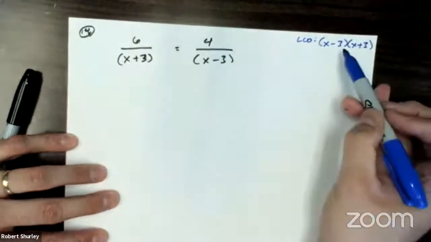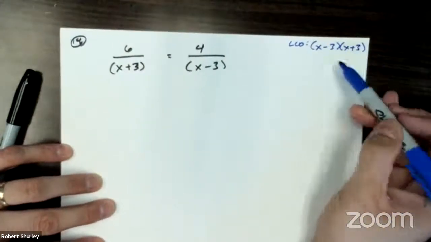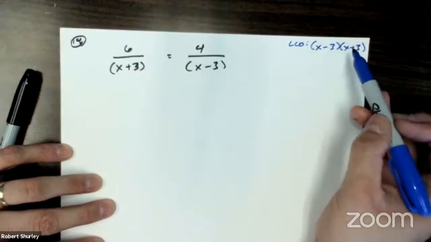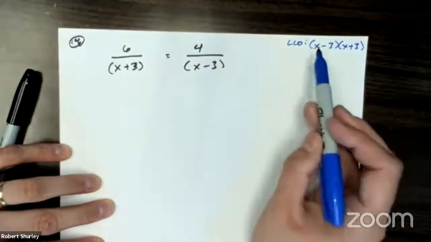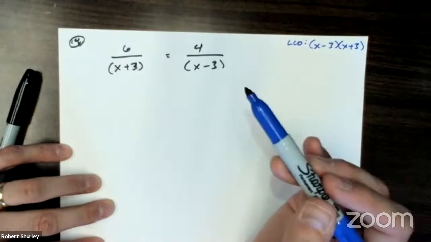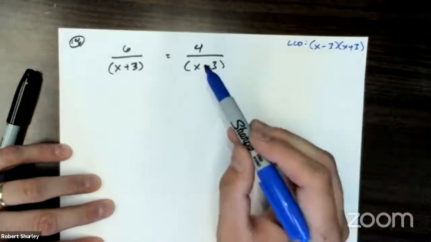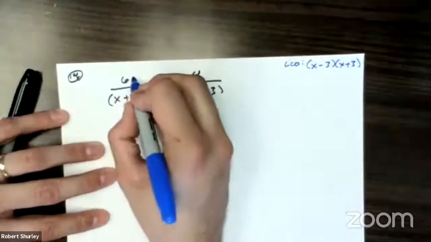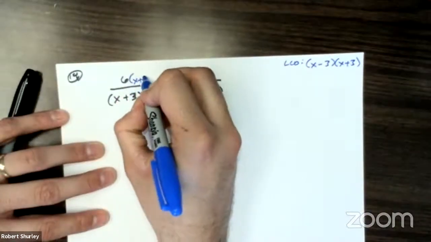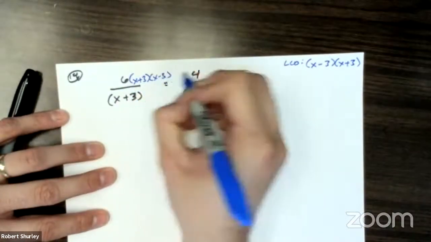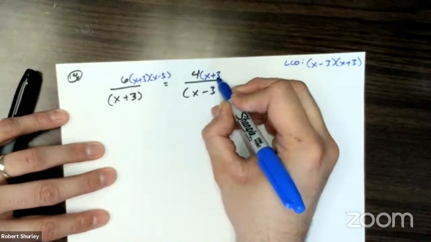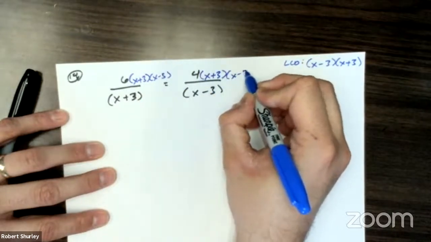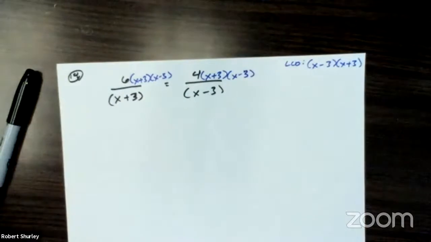Because listen, like this little, two binomials multiply together. That x plus 3 will cancel that one. This x minus 3 will cancel this one, okay? So we just multiply them together and we get the LCD. So look, 6 here, we're going to multiply by x plus 3, x minus 3, and 4, same thing, x plus 3, x minus 3, okay?